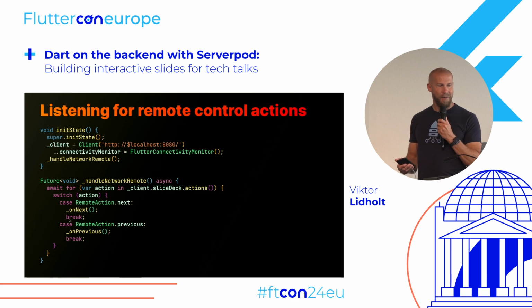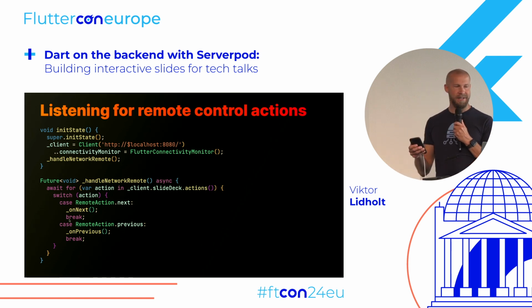Basically, here we just access the action stream. From the client we get to the slide deck, which is the name of that endpoint, and call the actions method, which returns the stream. The stream has our actions, which are just the enums with backend, next and previous.